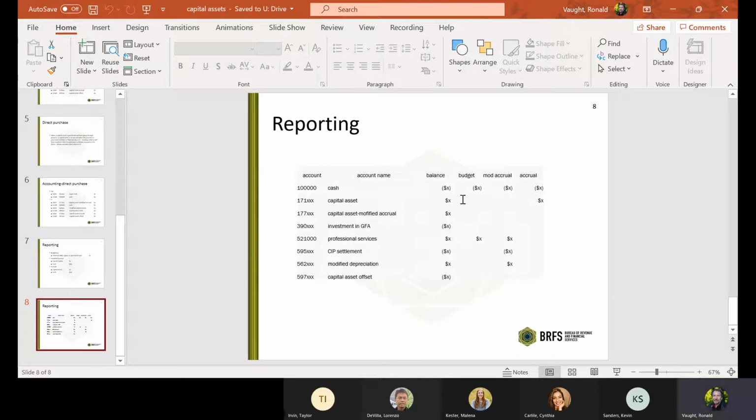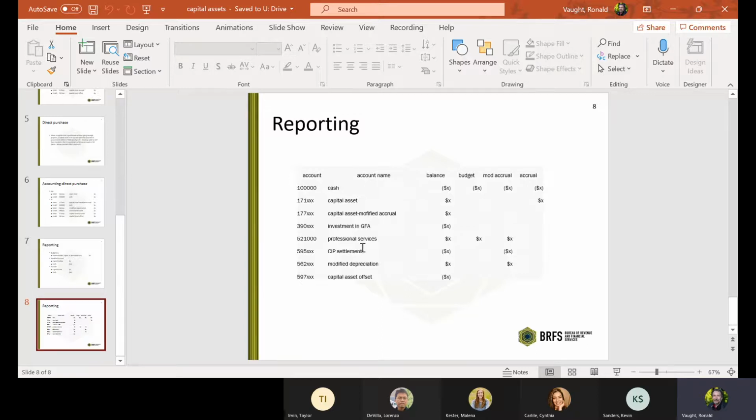But realistically, of all these entries, the only two line items that have any impact on budget are the expenditure account and the cash account. For modified accrual, we use the expenditure account down here, but since we're going to actually record this as capital outlay, which is what the modified depreciation really is, the 562 accounts, we want to make the professional services go away.